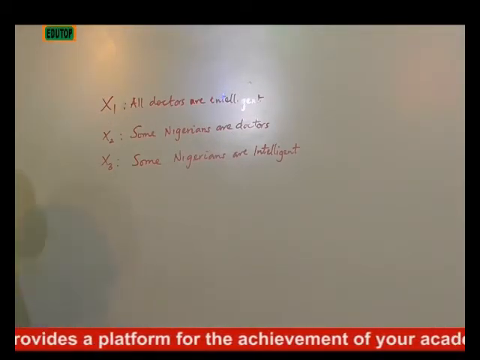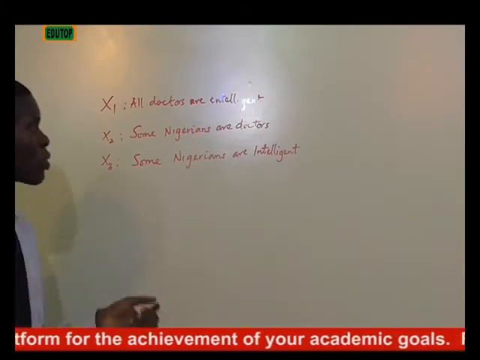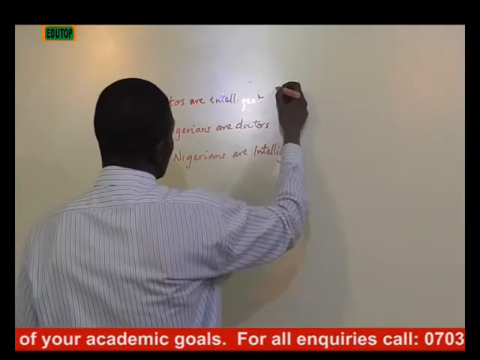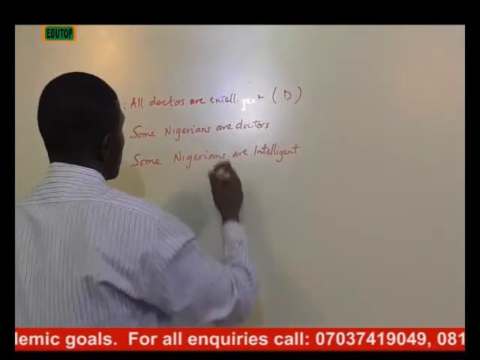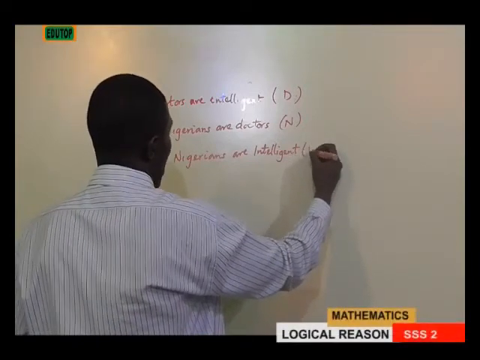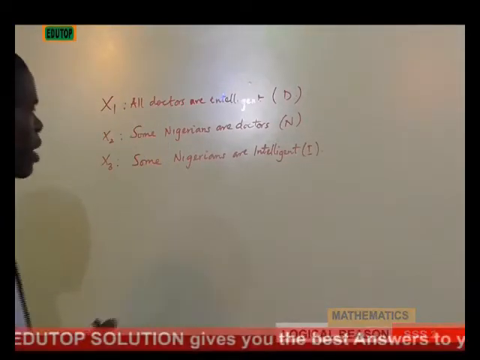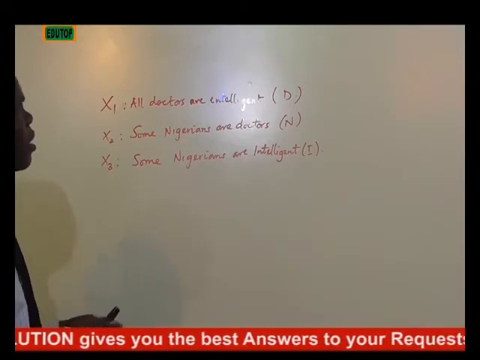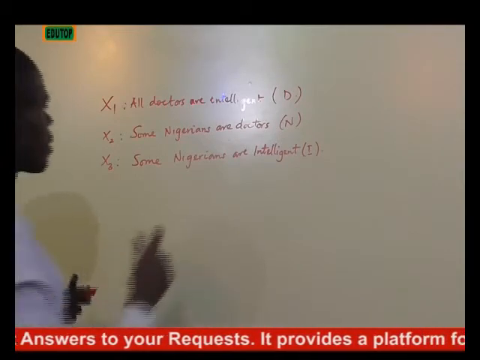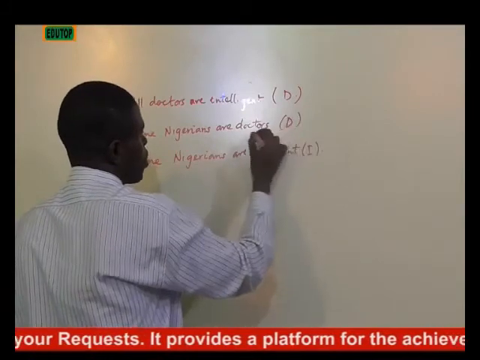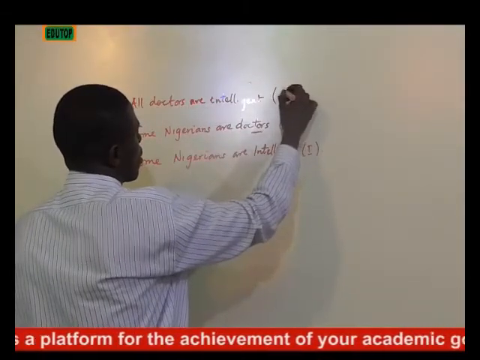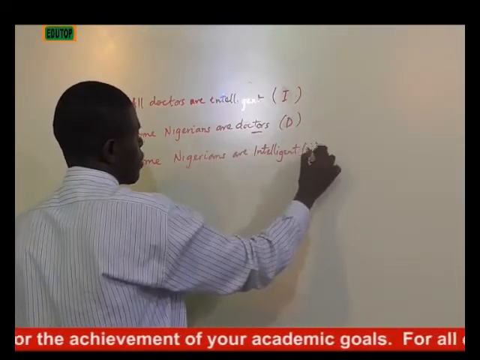From these statements, it can be deduced that, let D be the doctors, N the Nigerians, and I the intelligent. Let D be the doctors, while D is inside the intelligent, and let this be the Nigerians.